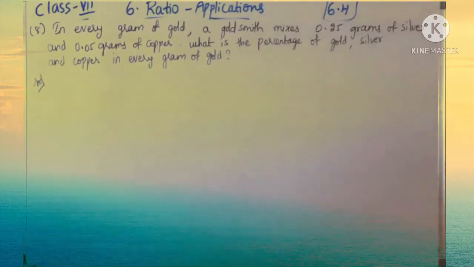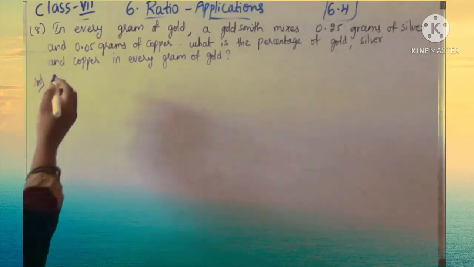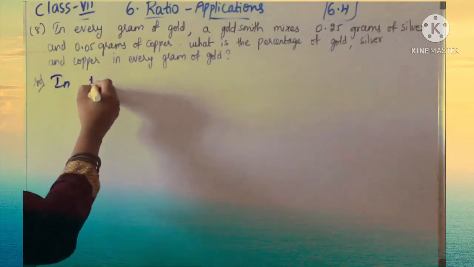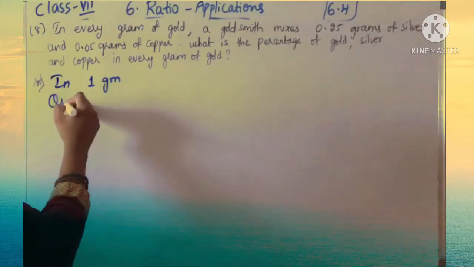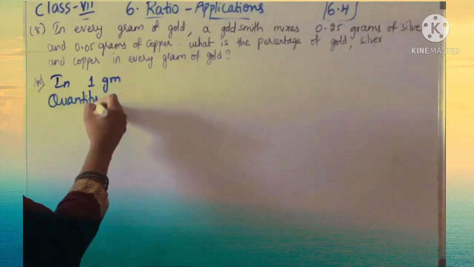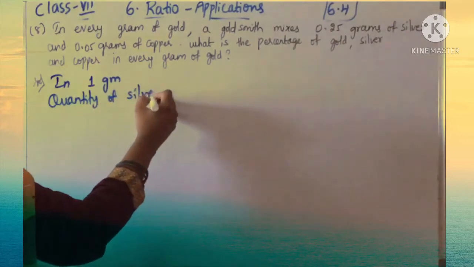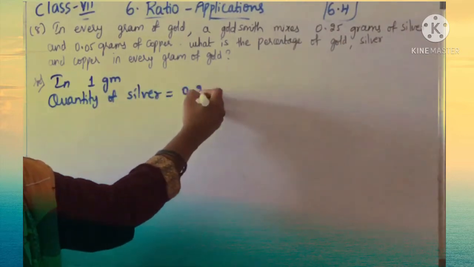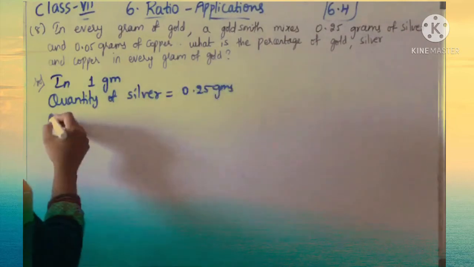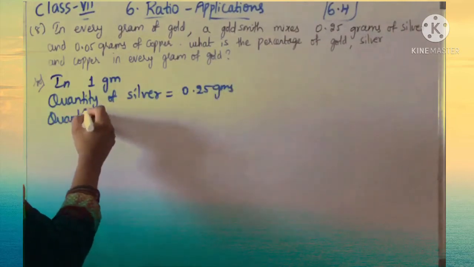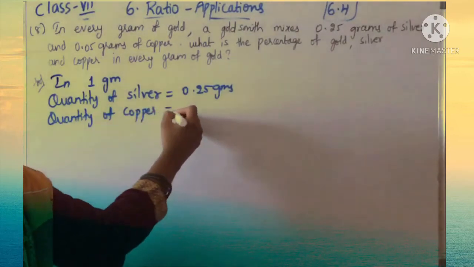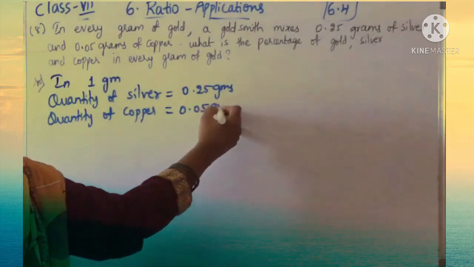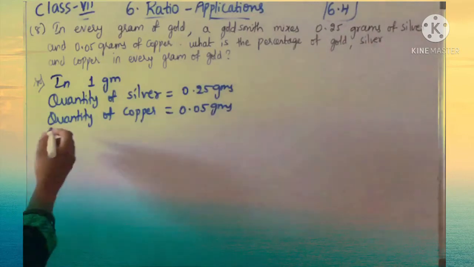Here, in 1 gram, the quantity of silver is how much? 0.25 grams, right? And what is the quantity of copper? 0.05 grams.